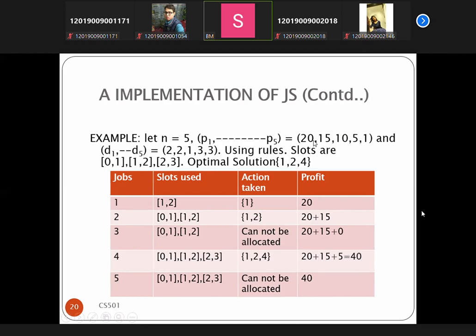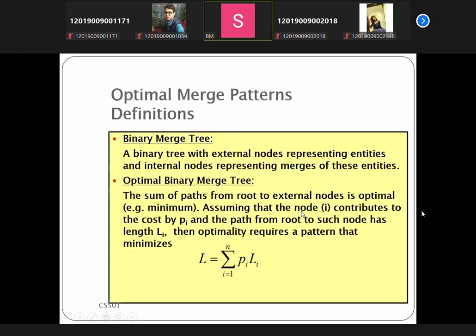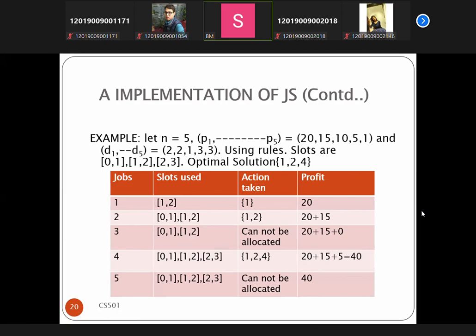Your jobs D1 to D5 have deadlines 2, 2, 1, 3, 3, and the profits are 20, 15, 10, 5, 1.